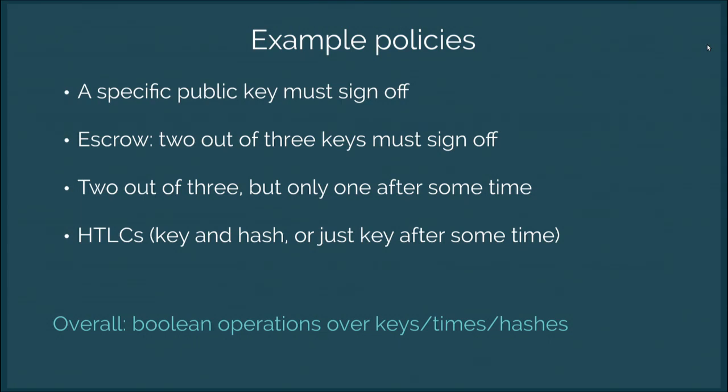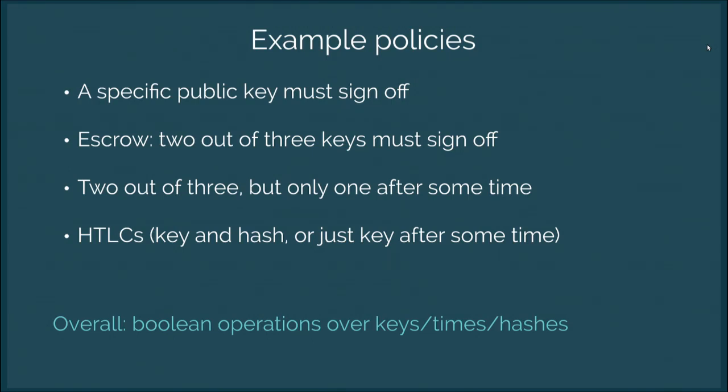So the sender sends the money instead of directly to the receiver, sends it to a policy or a script encoding the policy of 2 of the 3 of us must agree, and then the escrow can agree to which of the 2 it goes.